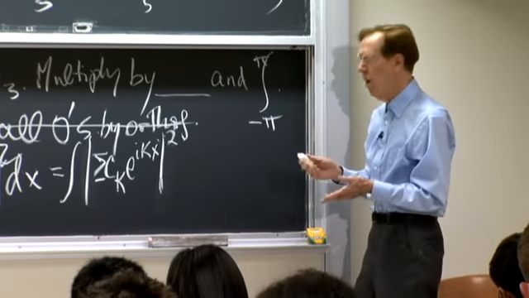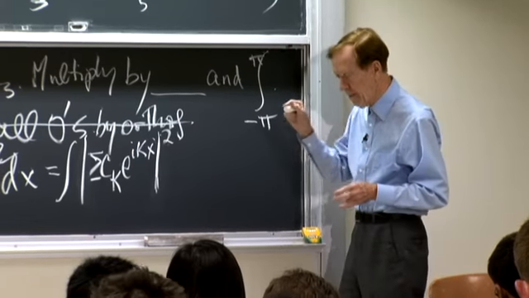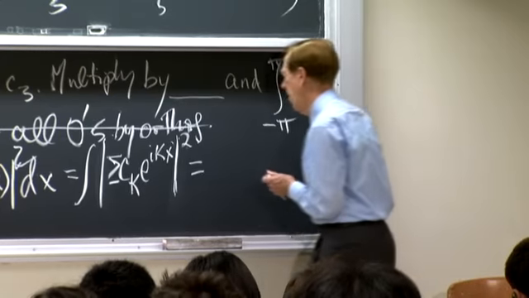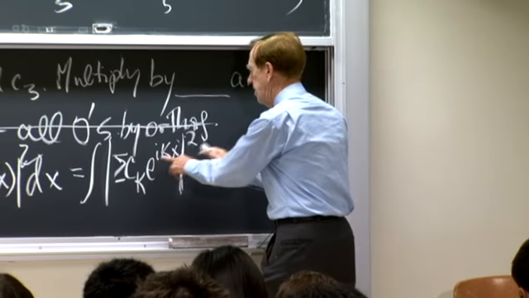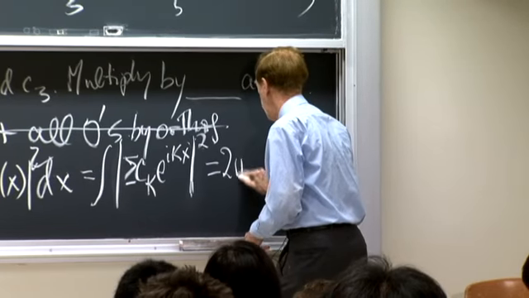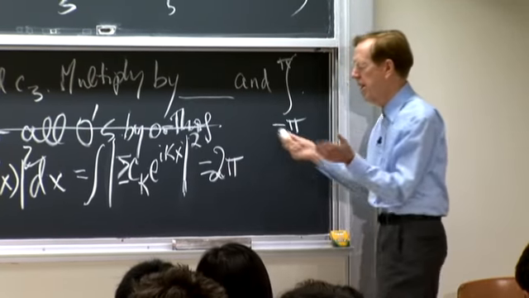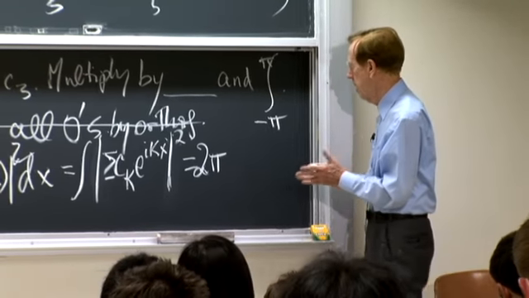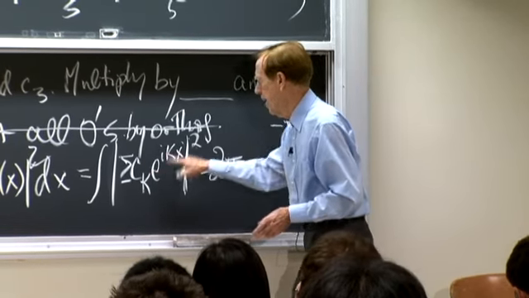So what do I get? All the terms disappear except the ones that are squared. And the ones that are squared, I'm integrating 1, so I get a 2 pi. The whole subject's full of these 2 pi's. It's just part of the deal. Now, what's left?